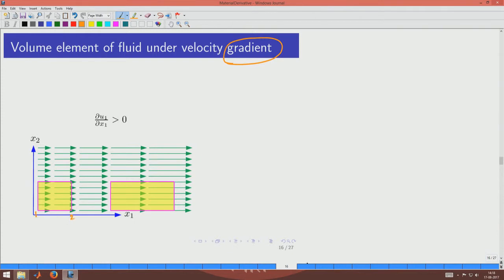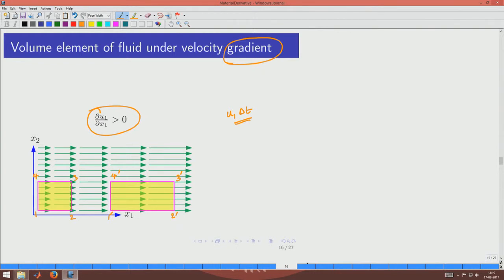So, 1, 2, 3, 4 are the 4 points, and then they would go to 1 prime, 2 prime, 3 prime and 4 prime. Now, look at the velocity vectors. I have drawn them intentionally in increasing size, so that this is followed, that is the velocity is increasing in the x direction, which means that if 1 would go by a distance given by this much amount to 1 prime, then at 2 the velocity is actually more.